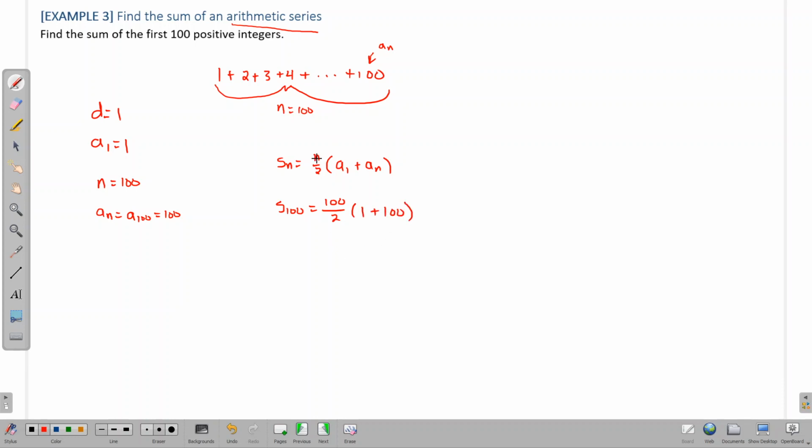All right, we're just plugging everything in. n was 100, a1 is 1, a sub n was 100. Okay, and then if we simplify this, this is 50 times 101, which is 5,050. So I was able to add up the first 100 positive integers without using a calculator. Fairly basic math by just plugging into that formula.